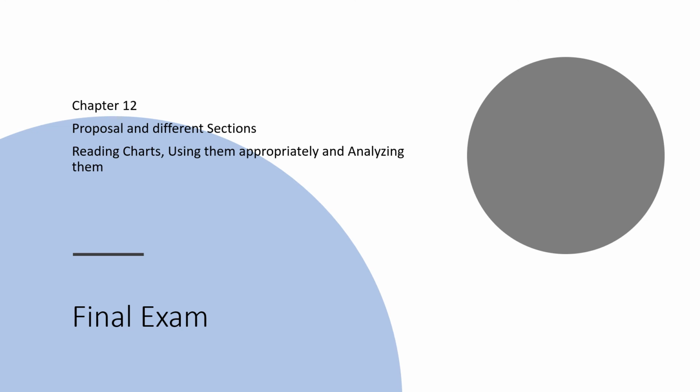Okay, now we get into Chapter 12, which talks about proposals and the different sections associated with those proposals. If you remember, the proposal should have an introduction, a body, and a close, but there are specific sections that can also be covered in the different pieces.